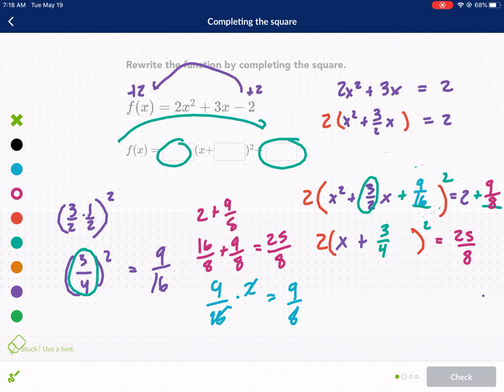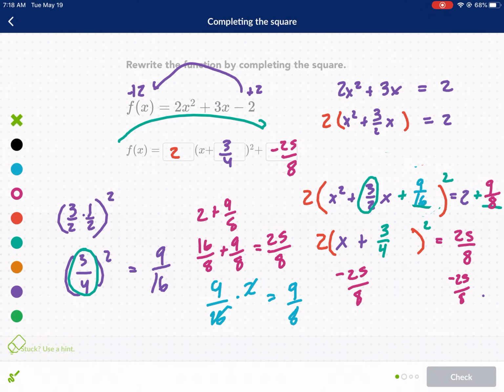Now, the issue here is we want to get this constant on the other side. So I'm going to move it back over by subtracting 25 over 8 from both sides. So subtract 25 over 8, subtract 25 over 8. So then my final answer is going to look like this: 2 times x plus 3 over 4 squared, and then minus 25 over 8.